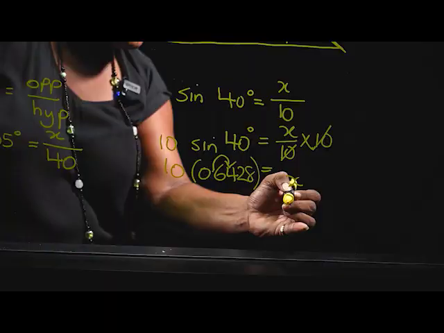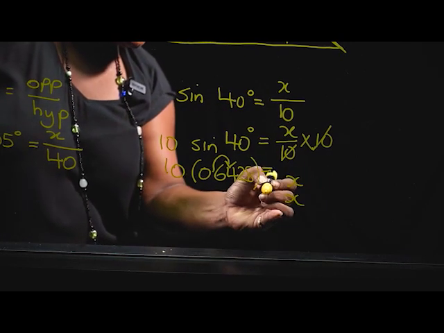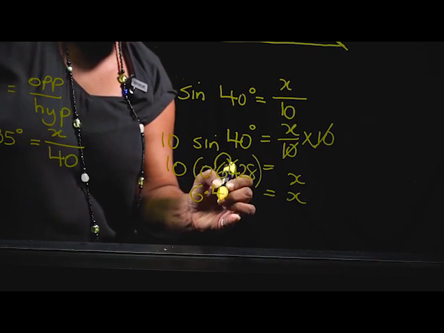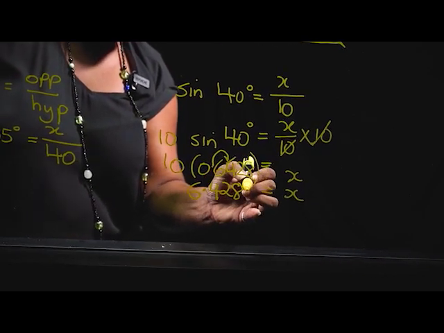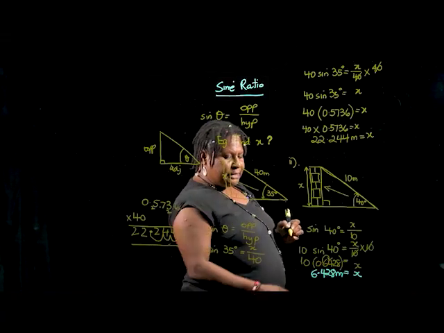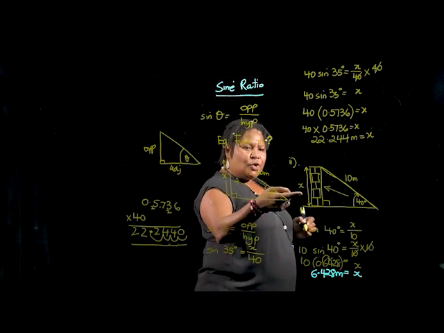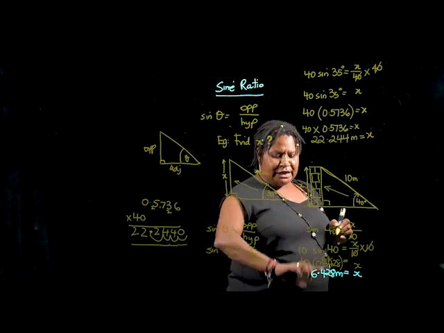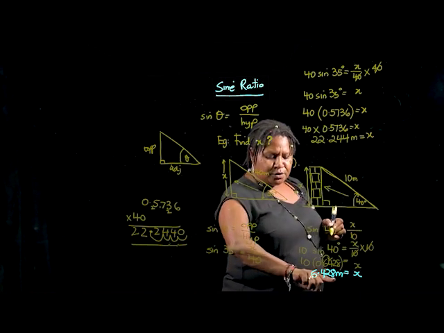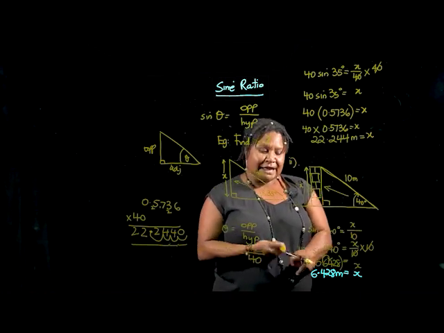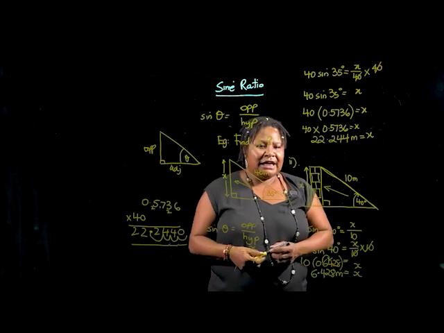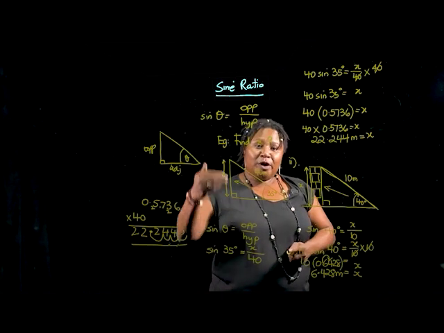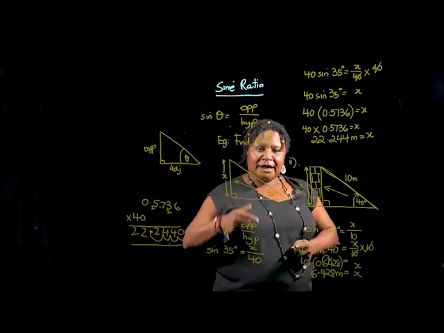So x is equal to 6.428 meters. So the height of the wall in this diagram is 6.428 meters high.